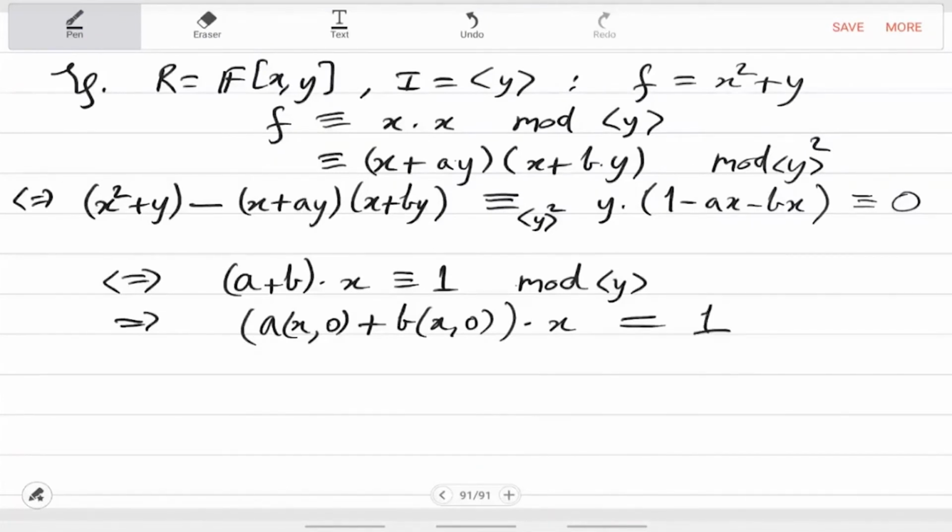This is an equality in the univariate polynomial ring, which cannot happen, right? Because this in particular means either x divides 1 or left hand side is 0. Actually, either way x has to divide 1, which is a contradiction. So this cannot happen. So this means that actually there is no lift mod y square of that factorization.